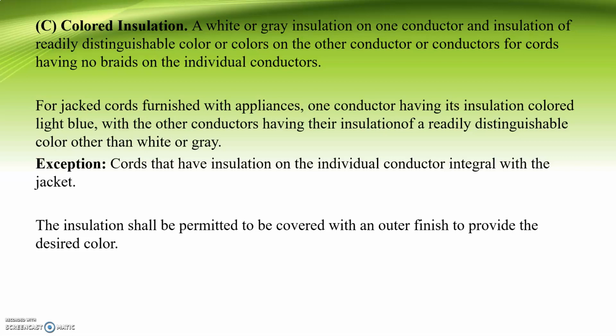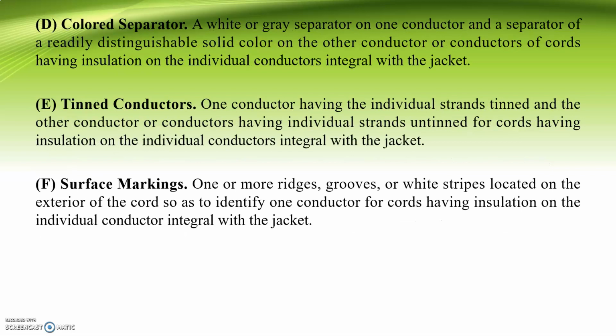For jack cords furnished with appliances, one conductor having its insulation colored light blue, with the other conductors having their insulations of a readily distinguishable color other than white or gray. Exception: for cords that have insulation on the individual conductors integral with the jacket, the insulation shall be permitted to be covered with an outer finish to provide the desired color.